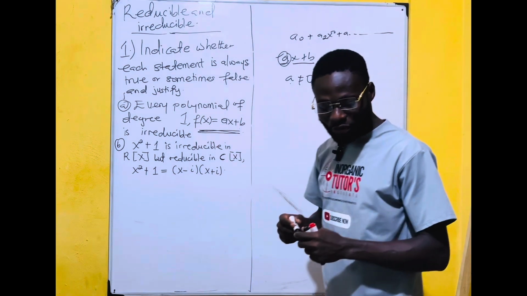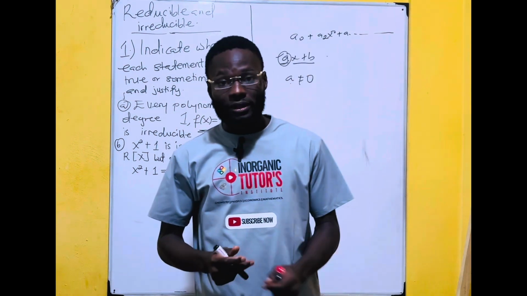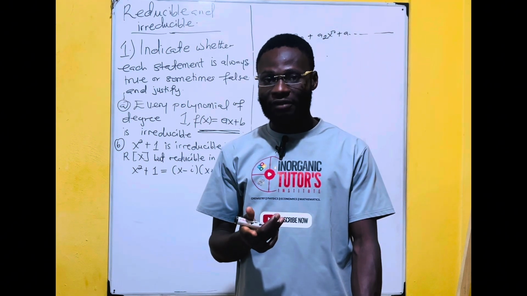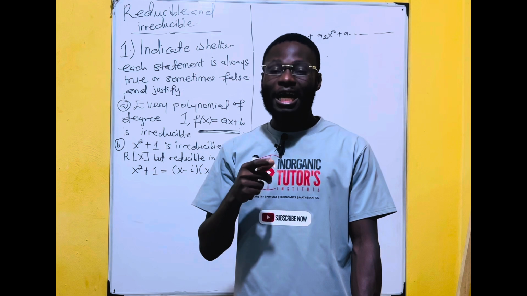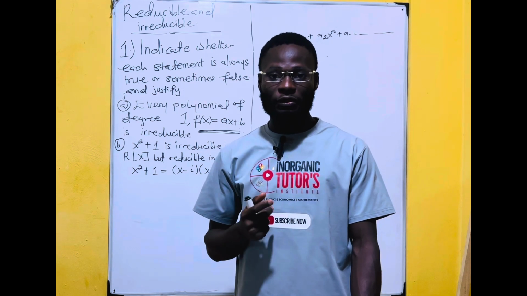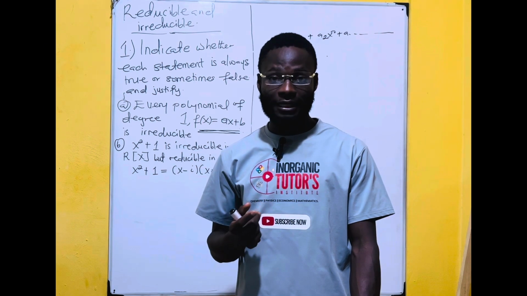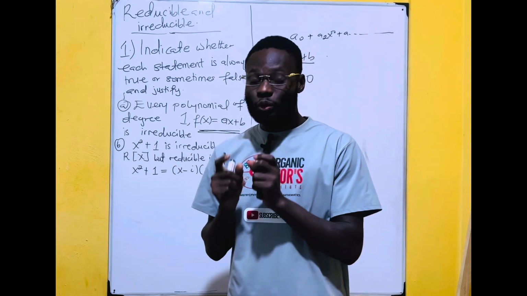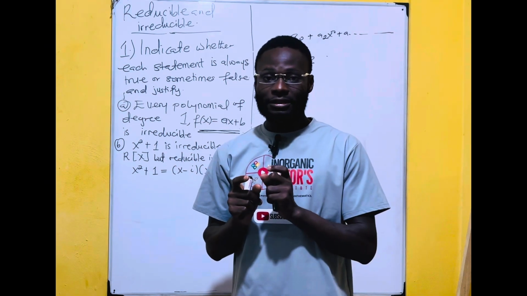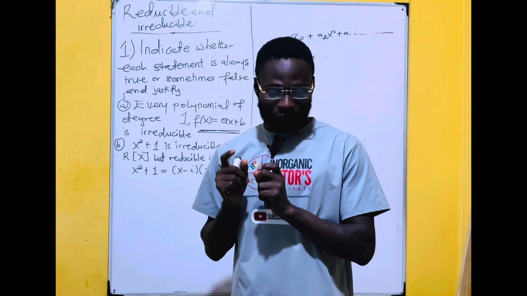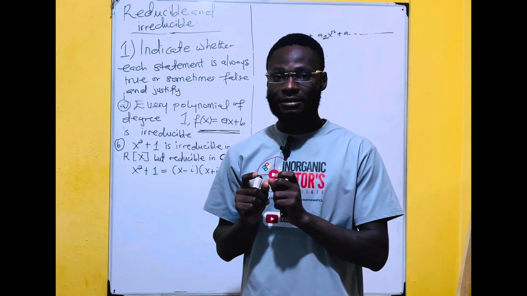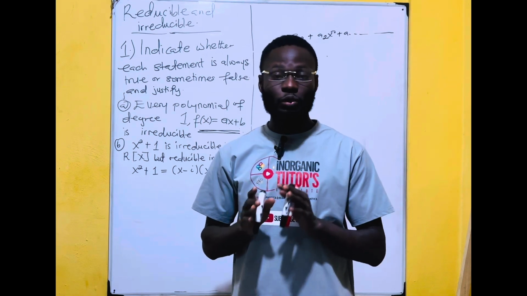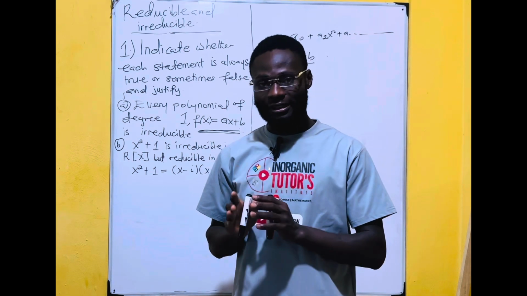Once we know what a linear polynomial is, the next question you have to ask yourself is: can you factor a linear polynomial into two non-constant factors? Can you factor a linear polynomial into two non-constant factors?